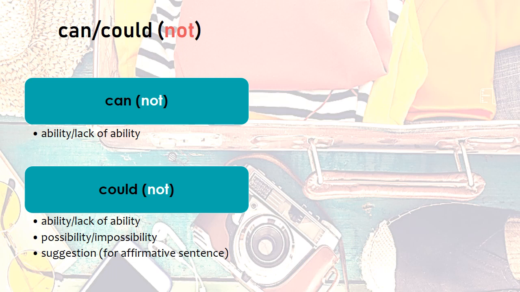It is used in affirmative sentence. Fungsi dari could itu sama dengan can untuk menunjukkan kemampuan. Selain itu, tambahannya adalah untuk menunjukkan kemungkinan dan saran yang digunakan untuk kalimat positif biasanya kalau saran.